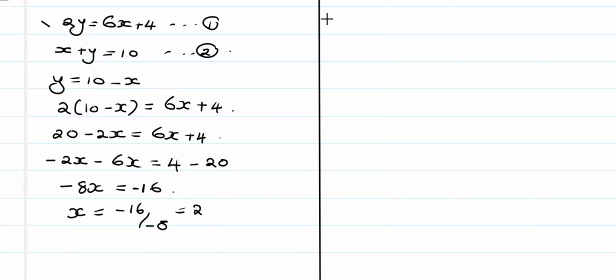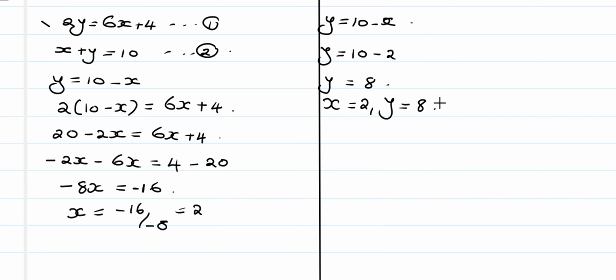And we already know y is equal to 10 minus x from here. So y is equal to 10 minus 2. So it becomes y is equal to 8. So the solution for this equation is x is equal to 2 and y is equal to 8.